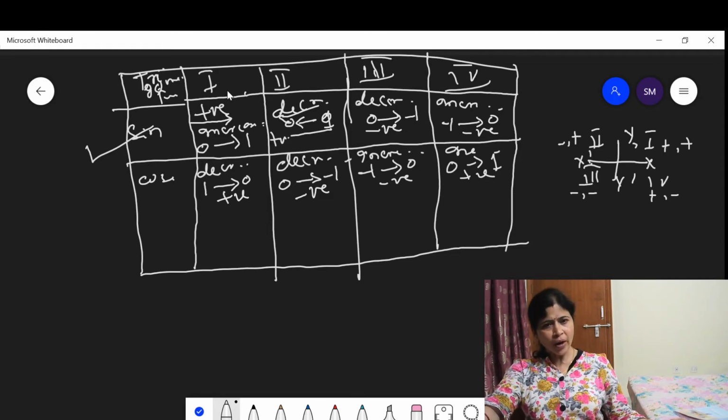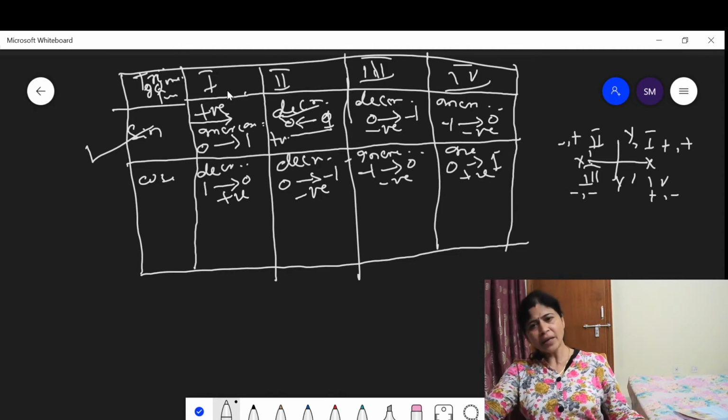And in the third quadrant, the cos function is in increasing mode from -1 to 0 and negative, because the values between -1 to 0 are negatives. In the fourth quadrant, it is in increasing mode from 0 to 1, and the values are positives.